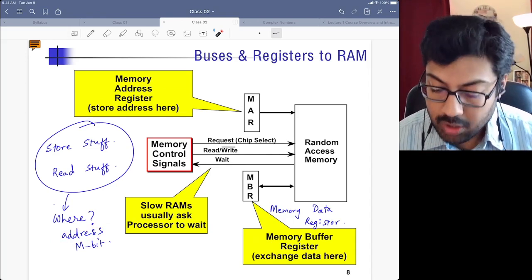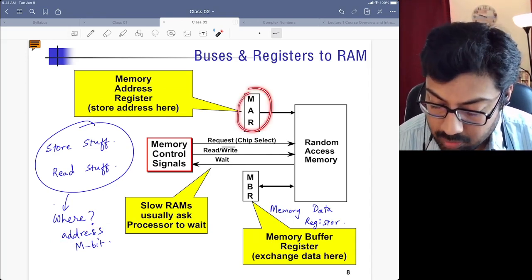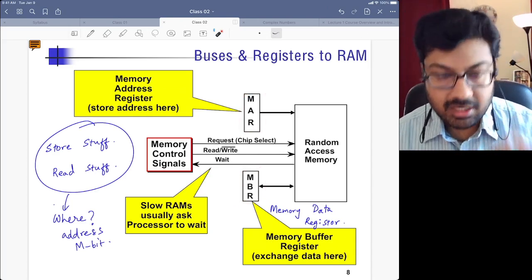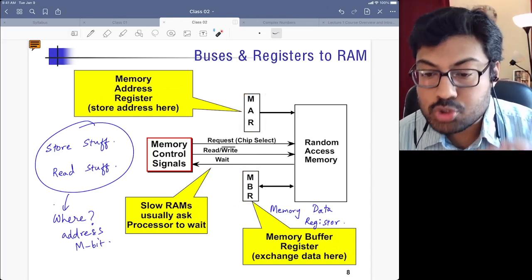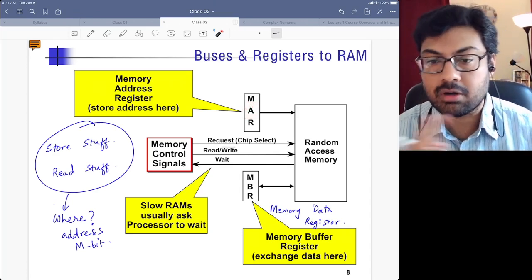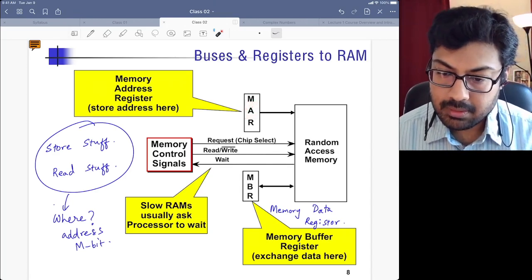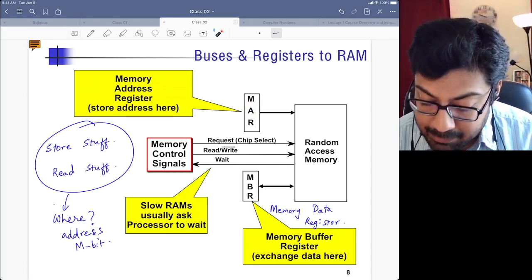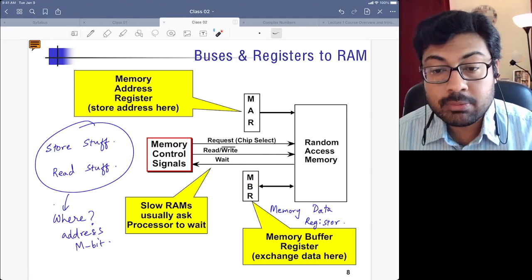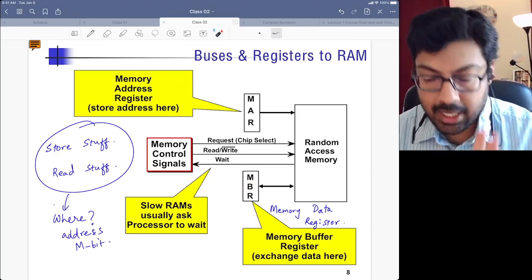So the names now give it away, right? Memory address register is a register where you are going to store an address that you want to read from or write to. And then memory buffer register or memory data register is going to be the register in which you will have data.